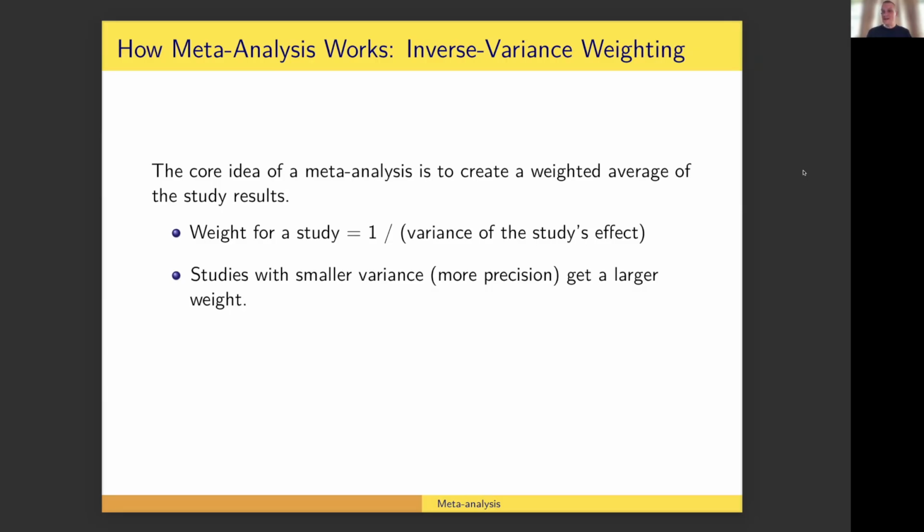Practically, that means studies with small sample sizes get less weight, and studies with big sample sizes get more weight. And then you combine the effects by weighting the average of the individual effects. So it's not just taking the mean of the effects, but it's taking the mean while giving every study a little bit of a different weight when creating that mean.